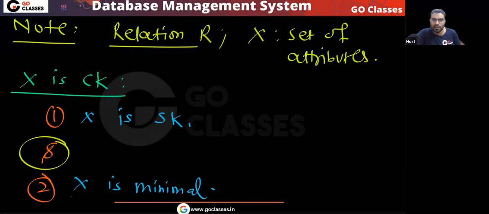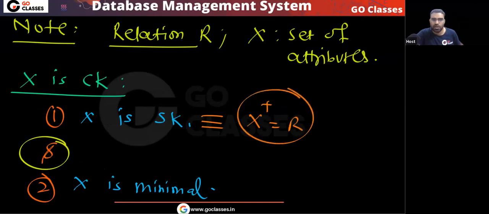Now you tell me, X is super key. What does this mean? That is the same as X plus will determine everything. And X is minimal. What does this mean?